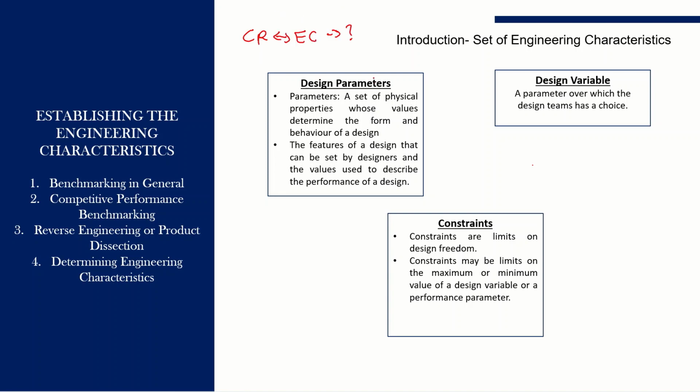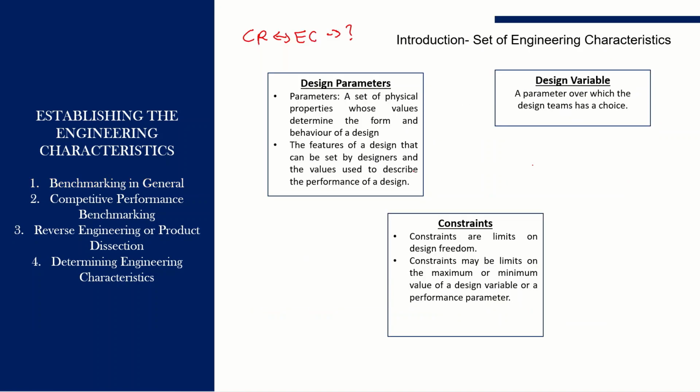So what is the set of engineering characteristics? There are three main items under this set: design parameters, design variable, and then constraints.